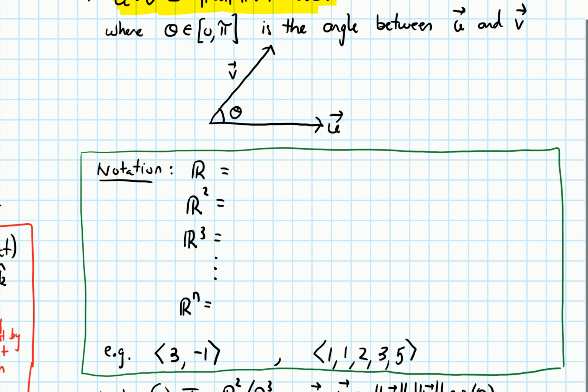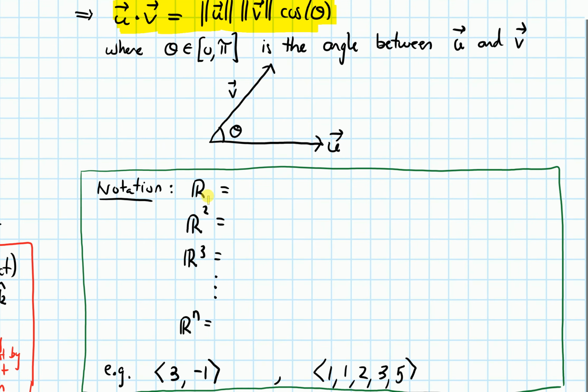Okay, so there is some notation that we can use to talk about vectors that have a certain number of components. So to lead up to this, let's recall that when we write this R, capital R symbol, with another line vertically here, this is the symbol for the real numbers. But in multivariable calculus, we'll commonly see this notation where we have like R, and then there's a number in the exponent.